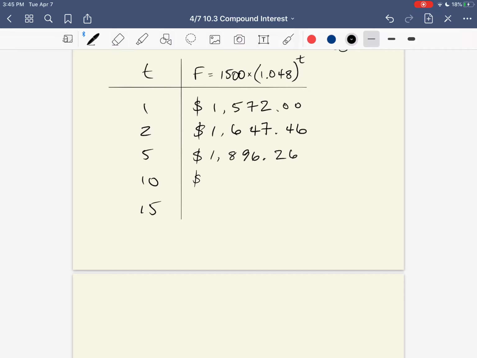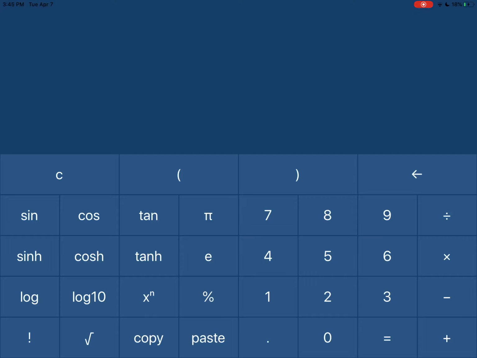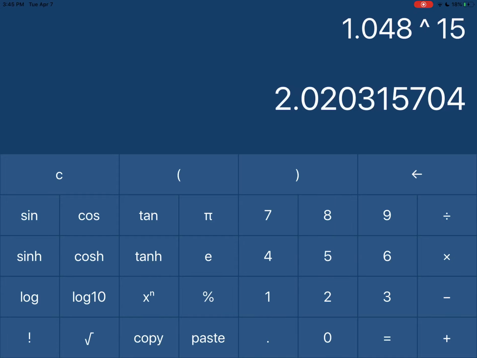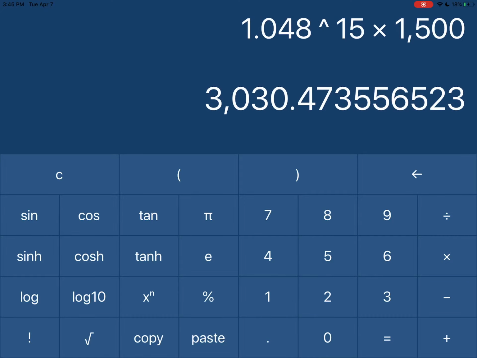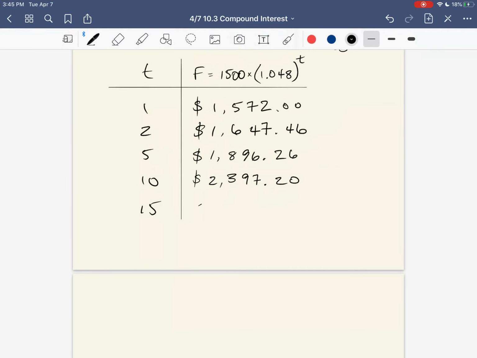After 10 years, you will have $2,397.20. And after 15 years, 1.048 raised to the 15 gives us 2.02 and so on. Multiply that by 1,500 and we get $3,030.47.